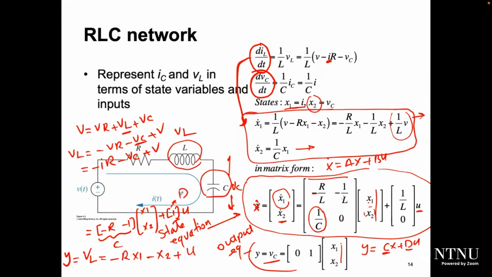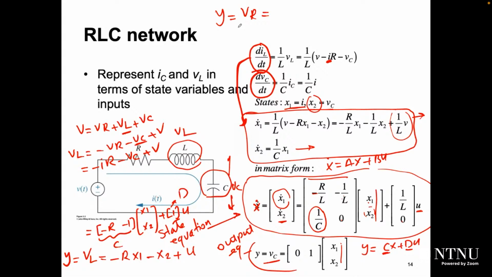The idea here is that once you have a state equation, you can focus on any parameter. If you want to control VC, you need to measure VC. If you want to control VL, you need to measure VL. If you want to control VR, it is a C. So maybe someone will say, I want to measure the voltage across R. This is my output. In this case, Y will be VR, and we will represent VR as a function of states.